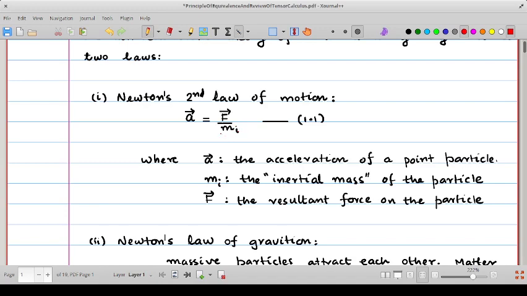F is the total force acting on the particle, and A is the rate of change of velocity of the particle, or we may also write A equals d²r/dt², where r is the position vector of the particle.